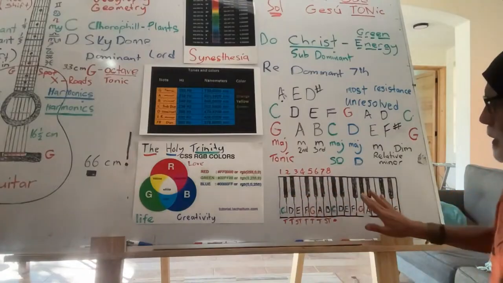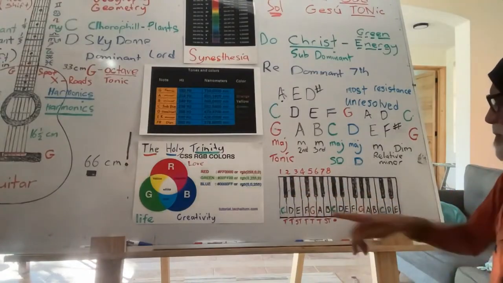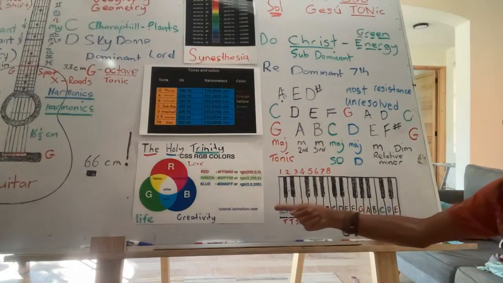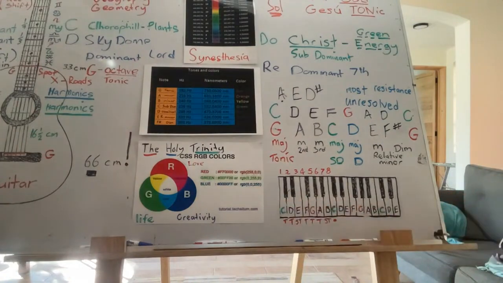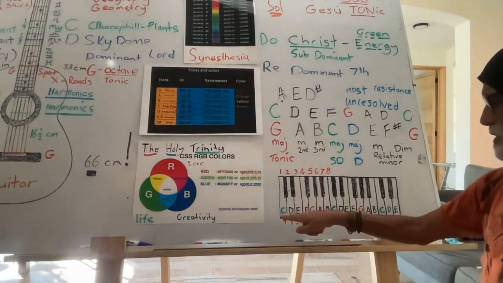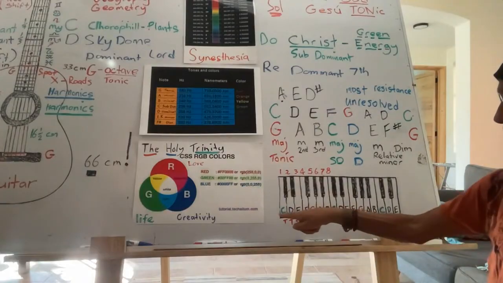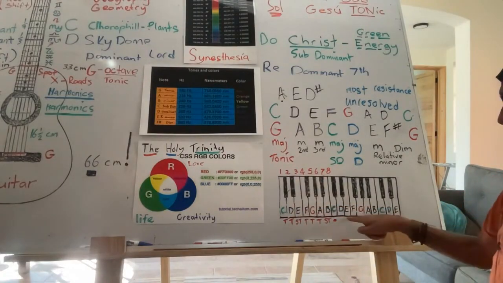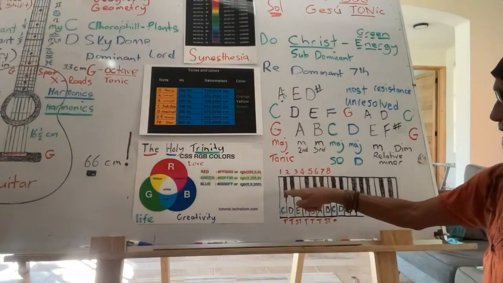It's very logical, but it's weird because you can't play all the notes. When a pianist does this, all he's done is play all the notes of the major scale of C. That's all he's done. He hasn't played all these. What about this note in the middle, the C sharp?